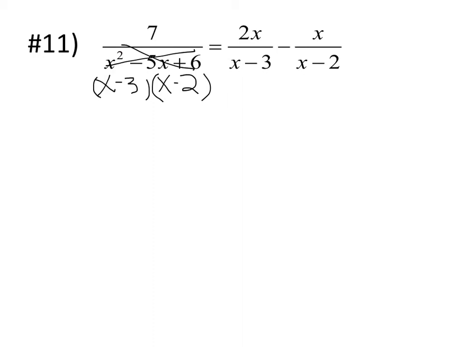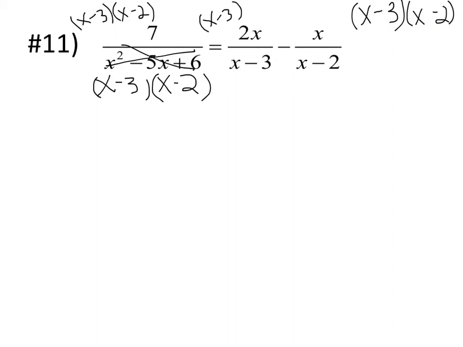So my LCD is x minus 3, and then I need x minus 2, and then I need x minus 3, but I've already got it, and I need x minus 2, but I've already got it. So now you're going to multiply x minus 3 times x minus 2 by each piece. All right, here the x minus 3's cancel and the x minus 2's cancel. Here the x minus 3's cancel, and here the x minus 2's cancel.